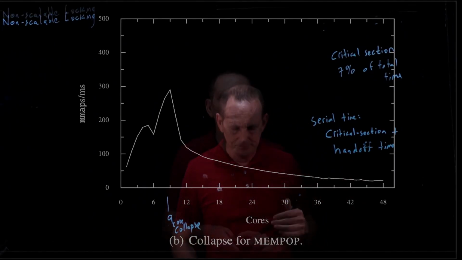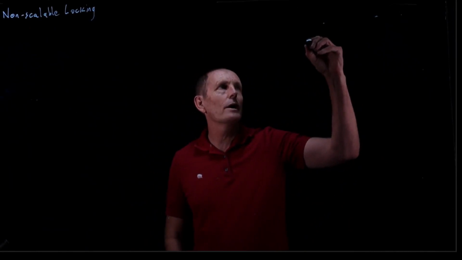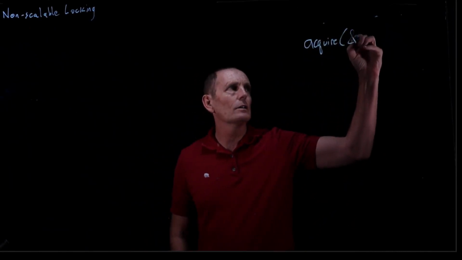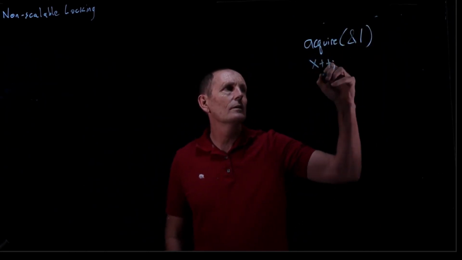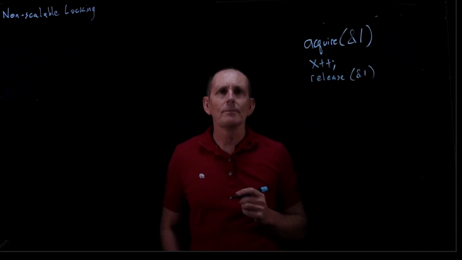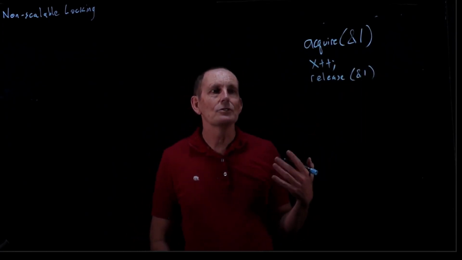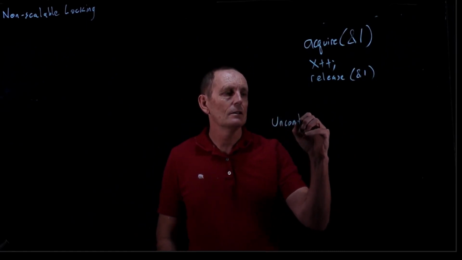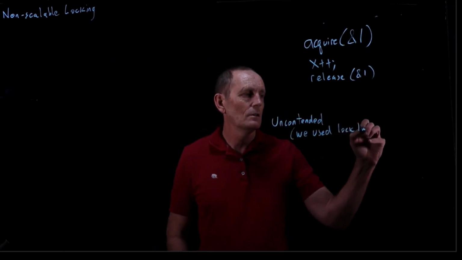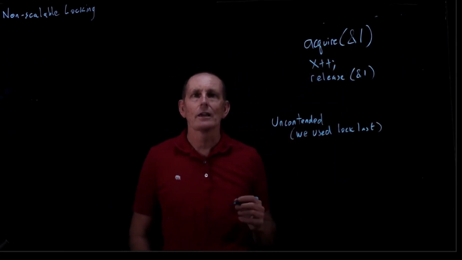So let's do a measurement of what it costs to do, let's say, an acquire of a lock, followed by just incrementing some variable, followed by a release. The possibilities are, let's say, we used the lock last, so uncontended. Why is it important that we used the lock last? Because that means the lock is still in our cache.